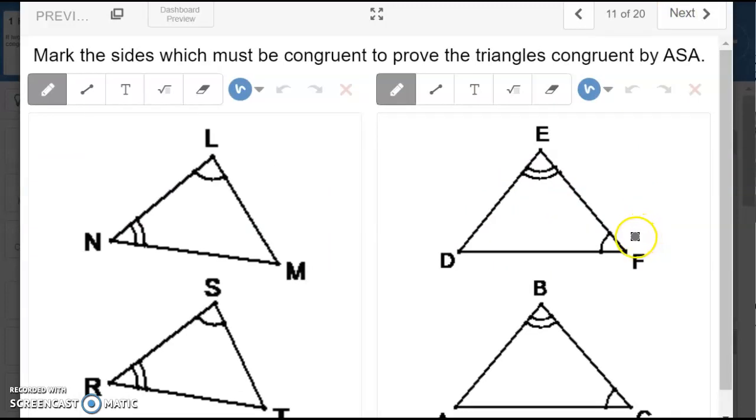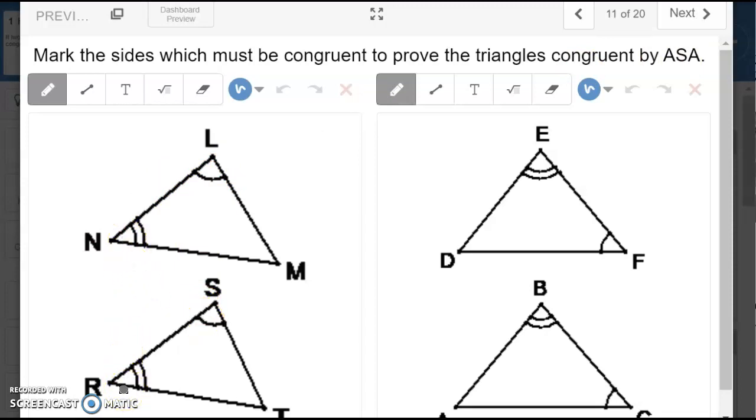Alright, so mark the sides which must be congruent to prove that the triangles are congruent by ASA. ASA means we need two angles and the side in between. So I have one pair of angles here and another pair of angles.